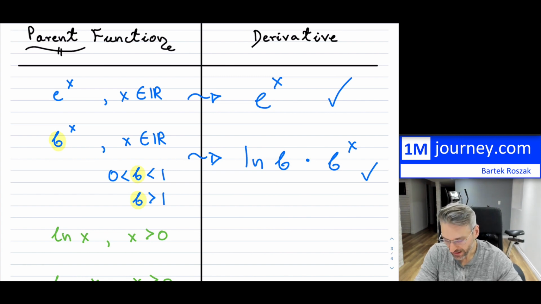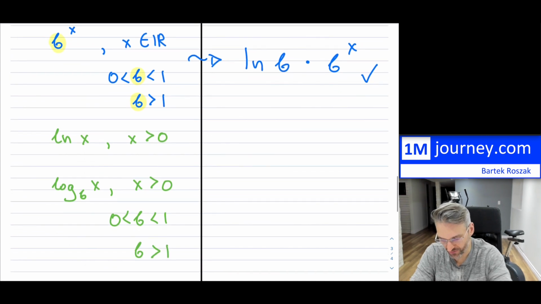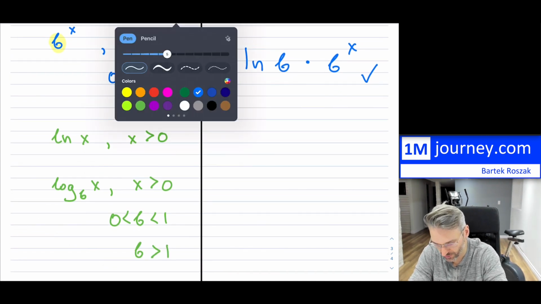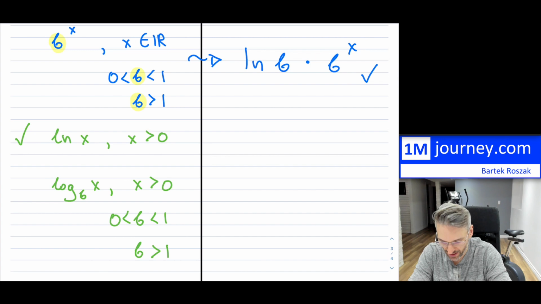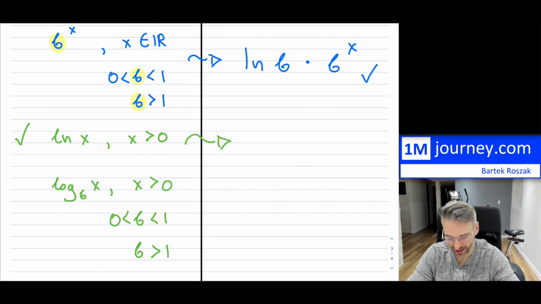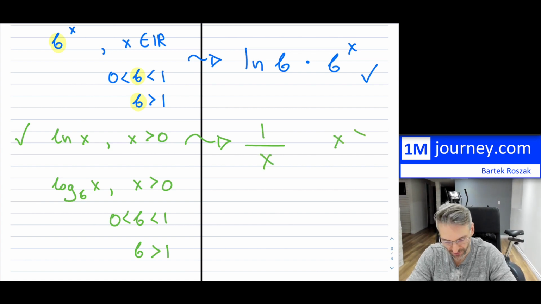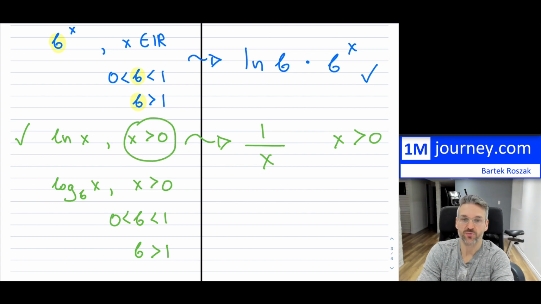Now, on the logarithm side, if you were doing the derivatives of these, right here, ln of x beautifully is just 1 over x. And this is only going to be defined for x greater than 0 because that's what our function is. We don't actually have negative values of x in here when we're talking about logarithms.